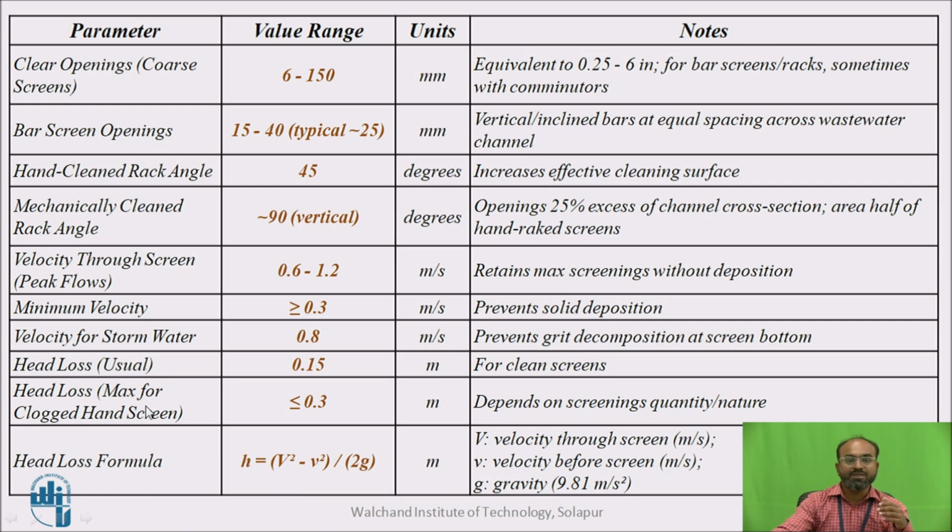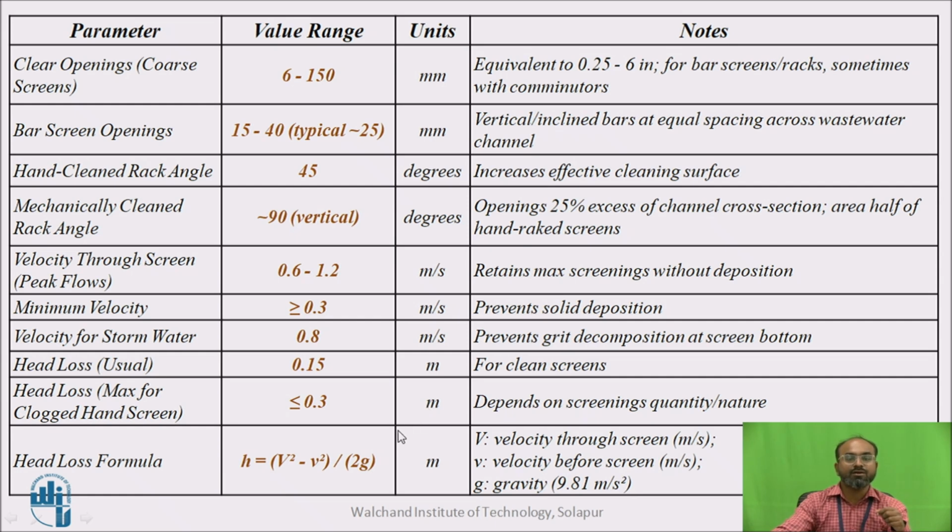And what should be the maximum permissible head loss? It should be less than or equal to 0.3 meters. Basically, with respect to time, clogging will occur in the pores of the screens, velocity will slow down and head loss will increase, by which the whole system may collapse. For that we have to fix a permissible head loss, that is 0.3.